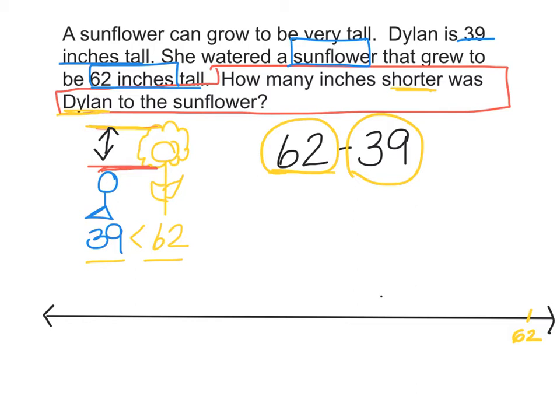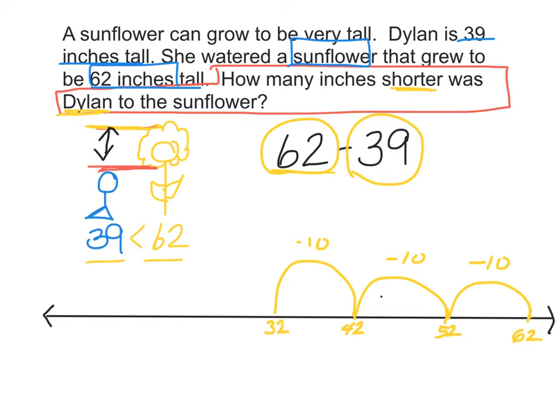So counting back, 62 minus 10 leaves me with 52. Take away another 10, that leaves me with 42. Minus another 10, that's 32.